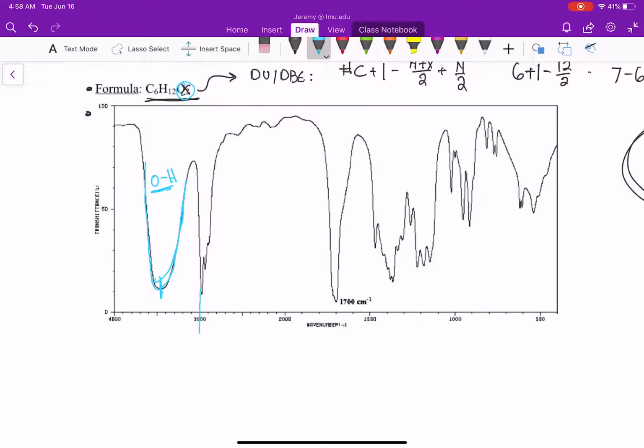Zone 2, we draw our 3000 line. We have a few peaks between 3000 and 2850. That corresponds to sp3 C-H bonds. Really nothing in zone 3. Next, in zone 4, we have a nice large peak, and that's clearly a carbonyl.